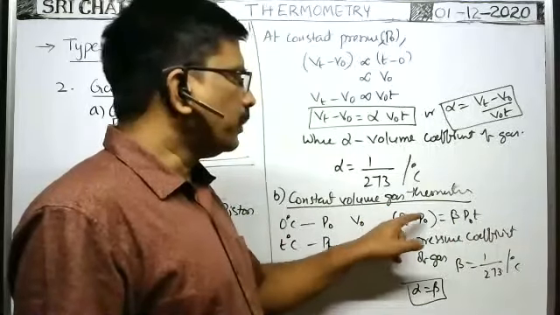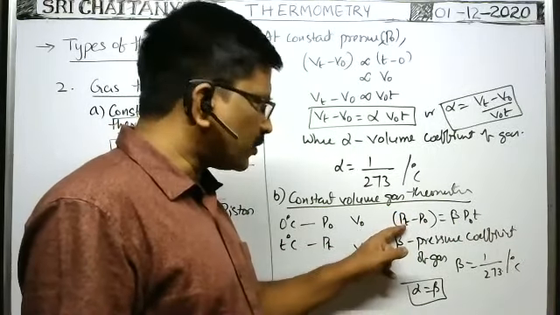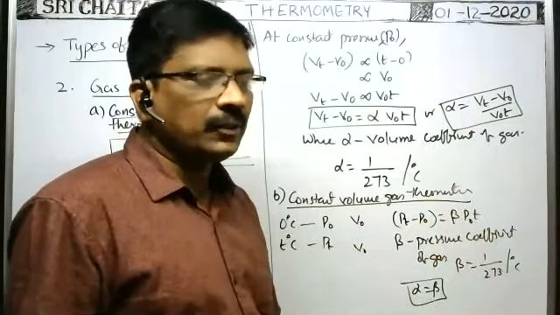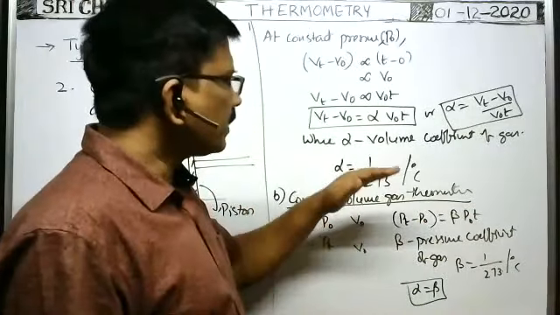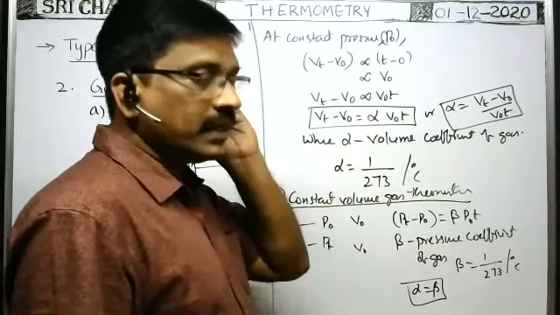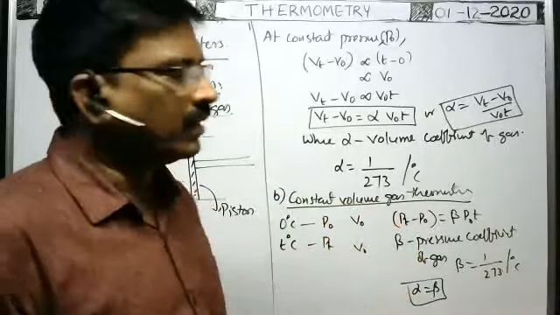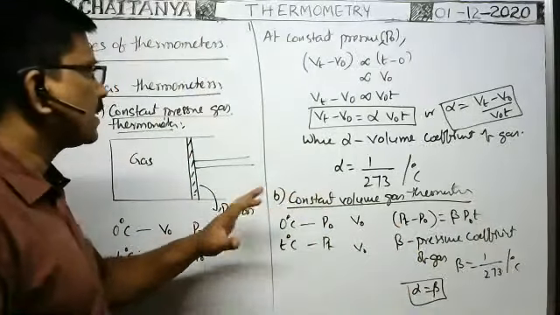Pt we can measure. P0 is known, Pt is measured, beta is fixed. Then we can calculate T value, no? So that's why with the help of this constant volume gas thermometer, we can measure the temperature of the given body.